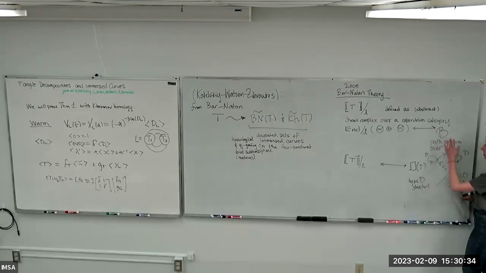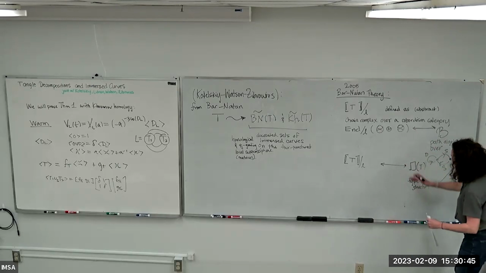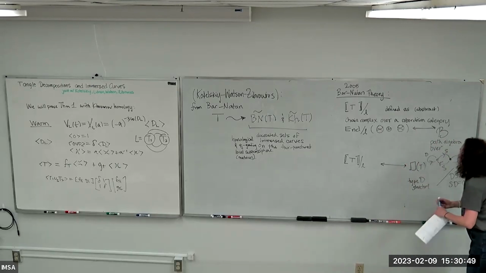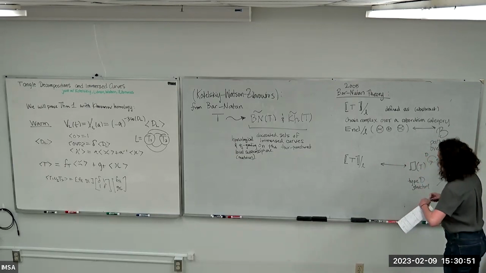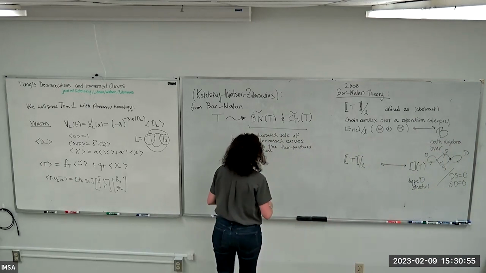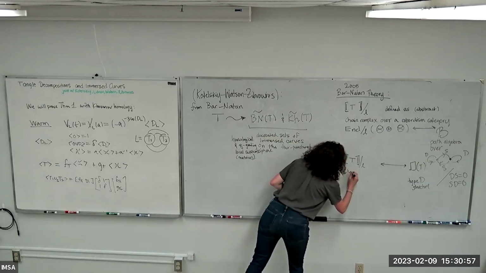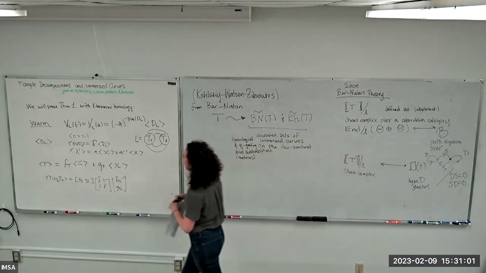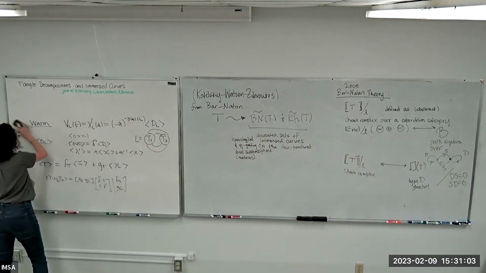So there's this correspondence in the background, and then it's this kind of object that's translated into an immersed curve. So I guess I need another arrow going somewhere, but I'll just continue on the next board. Okay. So replace chain complex with type D structure and replace type D structure with curve.